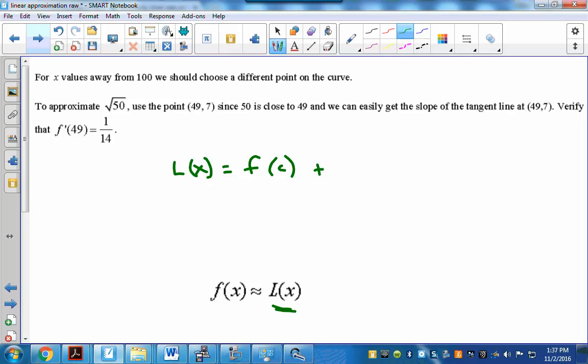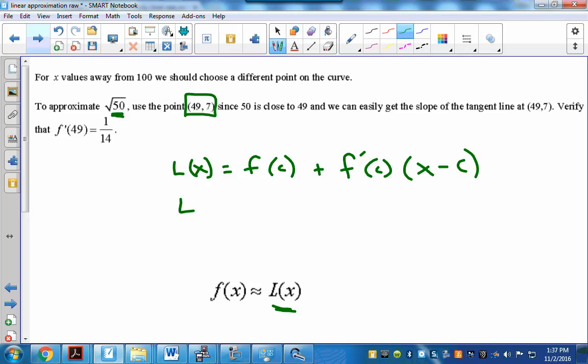And then the slope of that tangent line times x minus the x-coordinate of that point of tangency. And I said we should use this point. In the other two examples, we used 100 because the numbers are close to 100. But this number is not close to 100, so it would be dumb to use the other tangent line. It would make more sense to use this one. Okay?